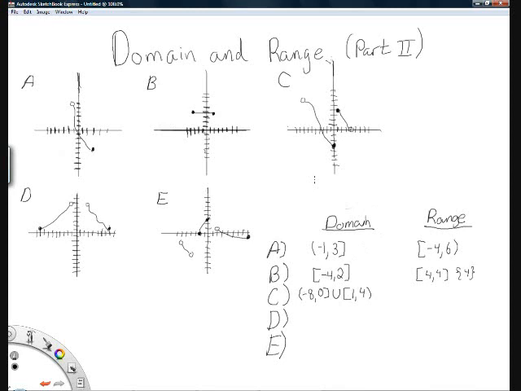For the range, notice on the range here how, for example, 2 appears in both the first part of the graph and the second. But you don't need to write 2 separate range values. The range goes simply from -3 to 6.